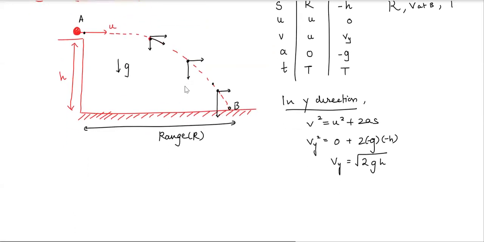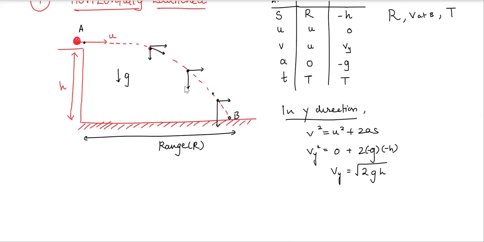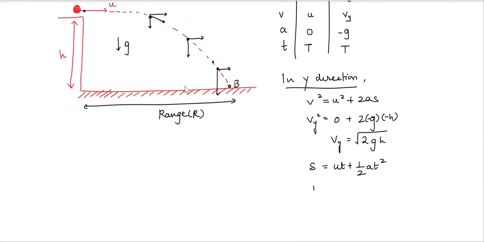Similarly, I can get the time T by using S equals UT plus half AT squared. Here the displacement is minus H, U is 0 in the Y direction, the acceleration is minus G, and there is T squared. If you simplify this, you will get T equals the square root of 2H by G. So the time period only depends on the initial height and the gravity.